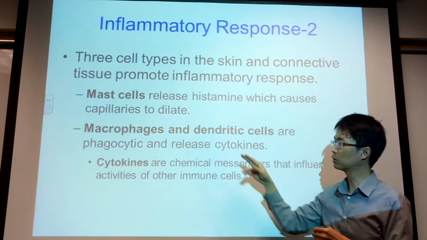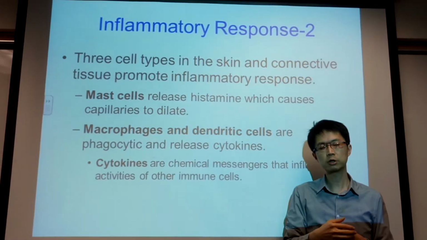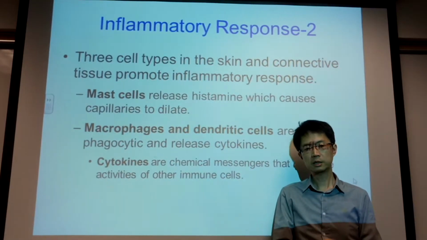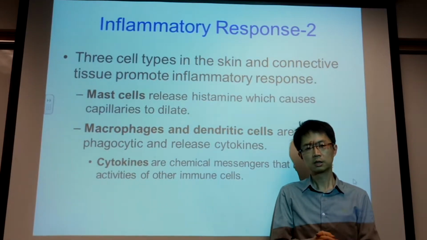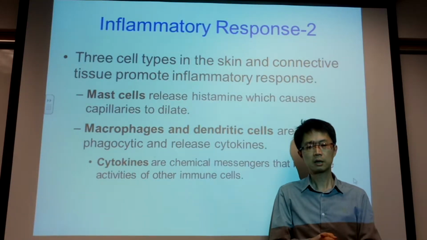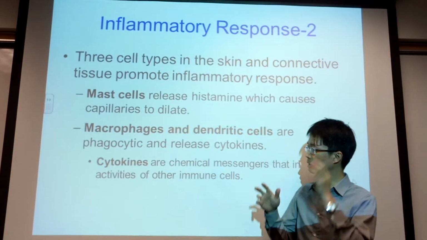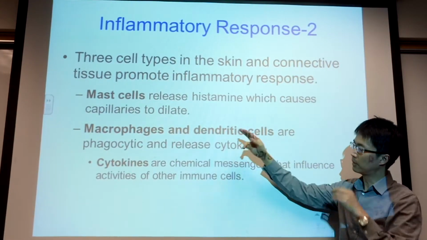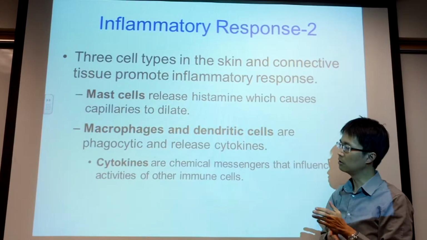Histamine will cause the vasodilation that we talked about last time. Histamine is also a chemical that will increase the permeability of your capillary. That means it will make your capillary more leaky. Then you have macrophages and dendritic cells.